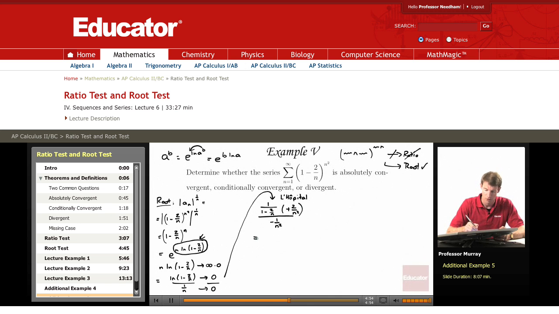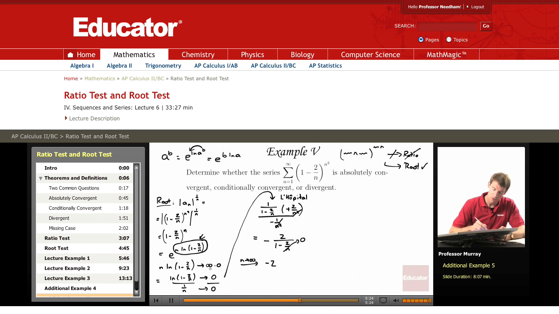So let's clean this up a little. The 1 over n squared cancels with the other 1 over n squared, and we're left with negative, from the denominator, 2 over 1 minus 2 over n. And now as n goes to infinity, the 2 over n goes to 0. This whole thing goes to negative 2. But remember, this was the exponent.